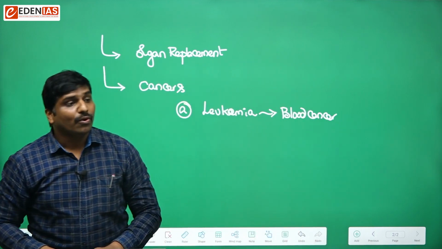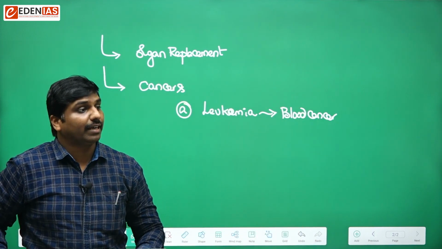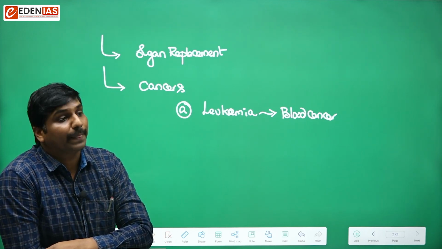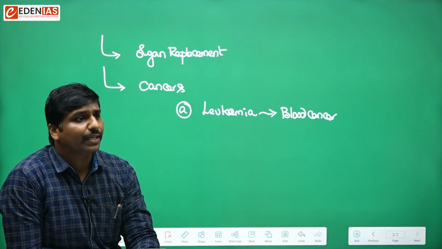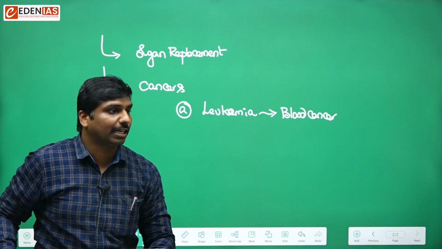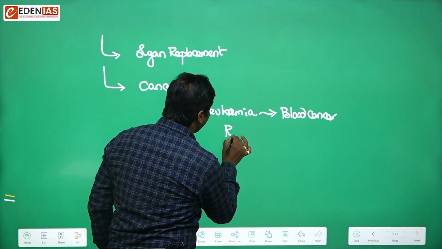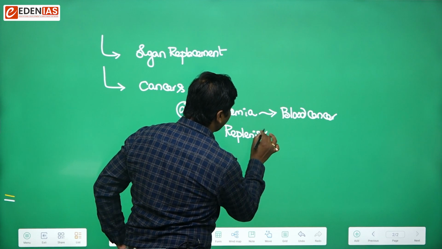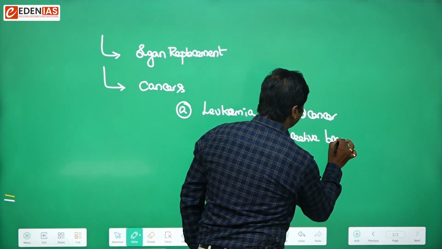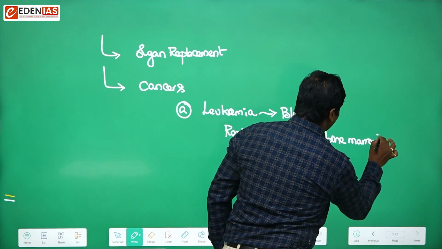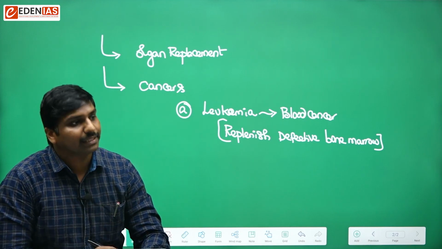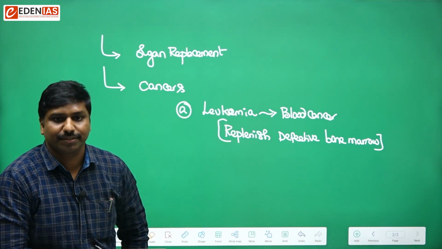What usually happens is that when we have some kind of defective WBC, we become prone to leukemia. Here, with the help of stem cell therapy, we can replenish the defective bone marrow so that the bone marrow can produce healthy leukocytes.